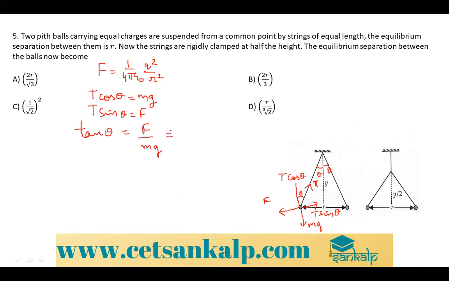So F is 1 by 4 pi epsilon naught q square divided by r square, whole divided by mg. Correct? We should keep this in general.